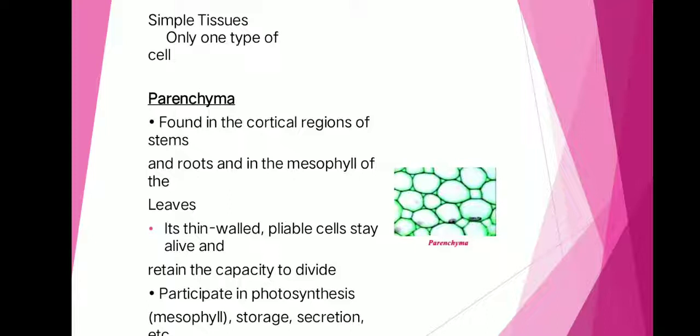It has thin-walled, pliable cells that are alive and retain the capacity to divide, and participate in photosynthesis, storage, secretion, etc. Parenchyma are living cells, soft in nature due to the presence of thin walls.